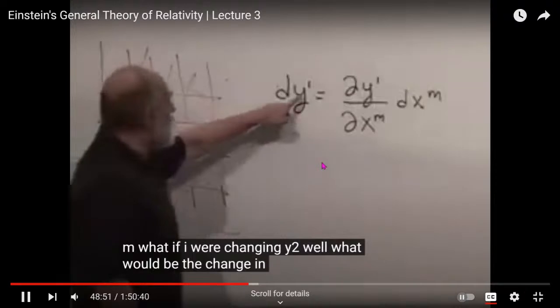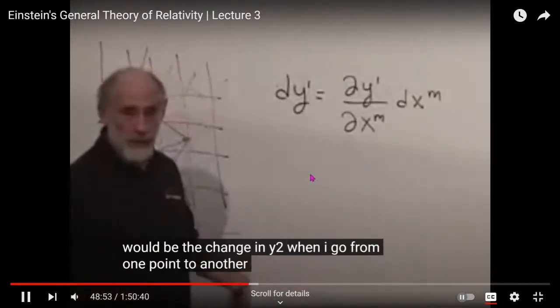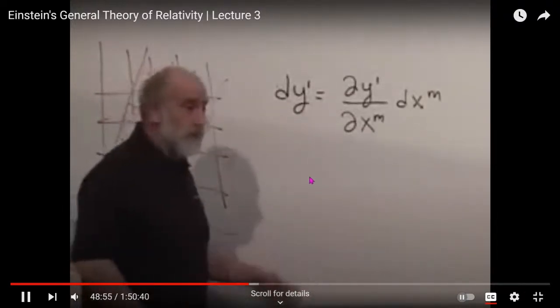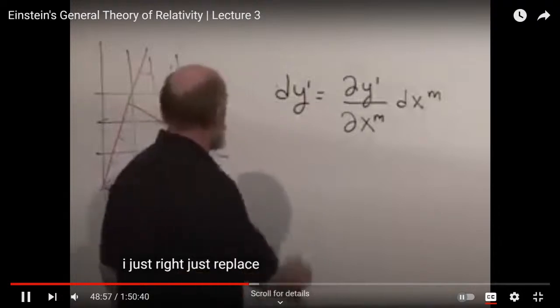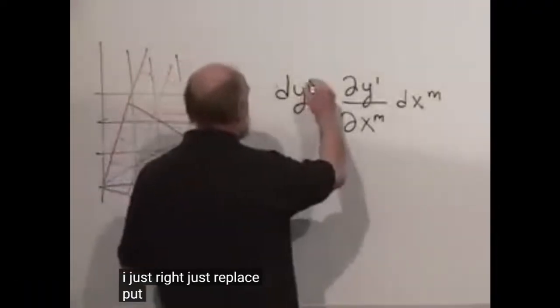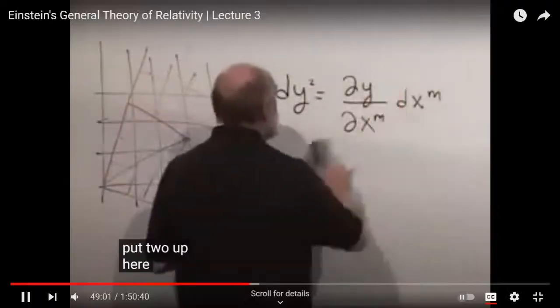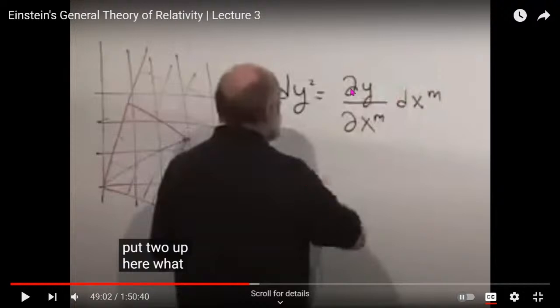Well, what would be the change in y2 when I go from one point to another? I just replace the index with 2 up here. You can look at y2 as a function in the x space.